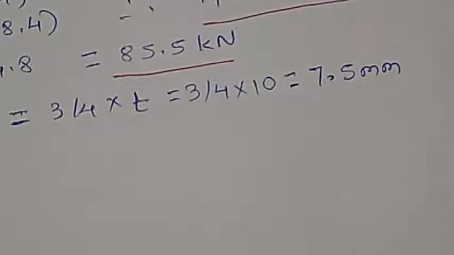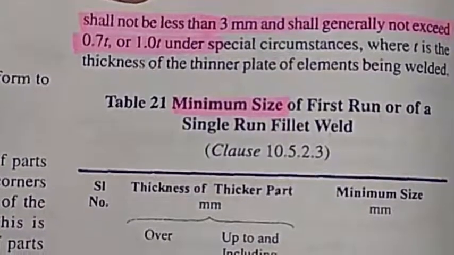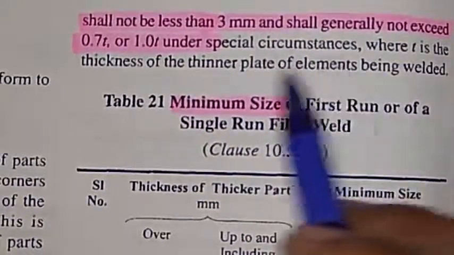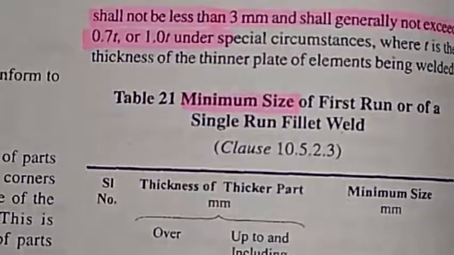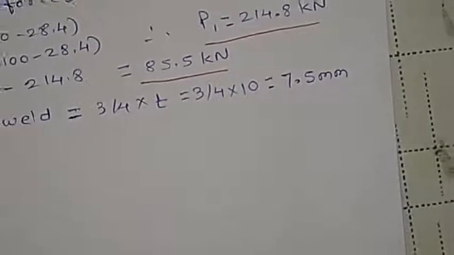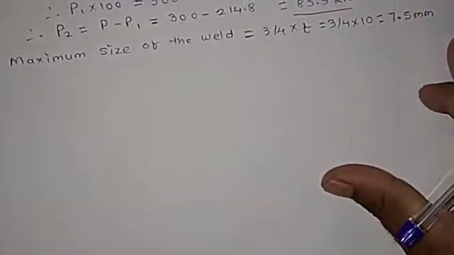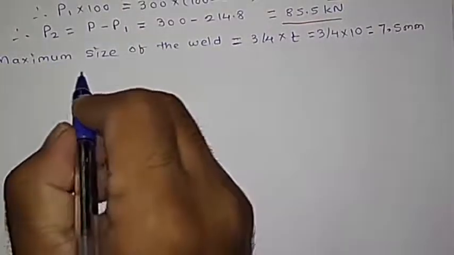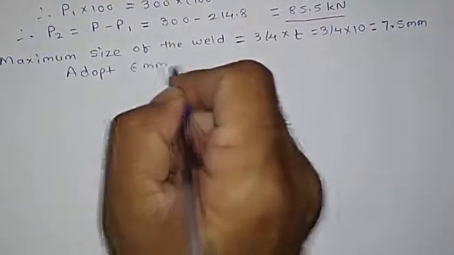And then we will be requiring throat thickness. For the throat thickness, again we do have the formula on page number 78. So the throat thickness shall not be less than 3 mm and shall generally not exceed 0.7 T. Right. So let us adopt 6 mm weld.